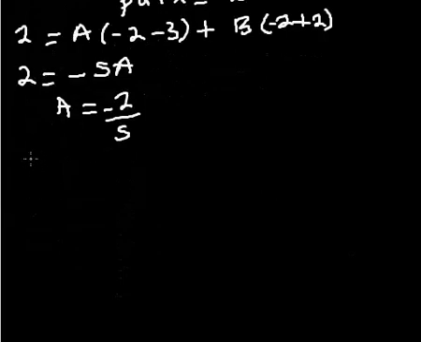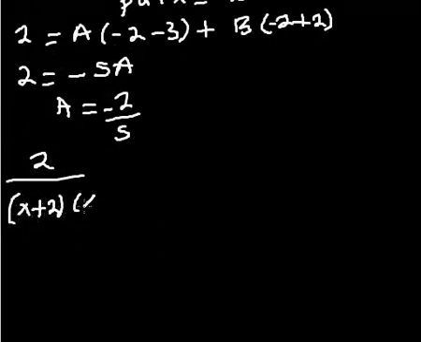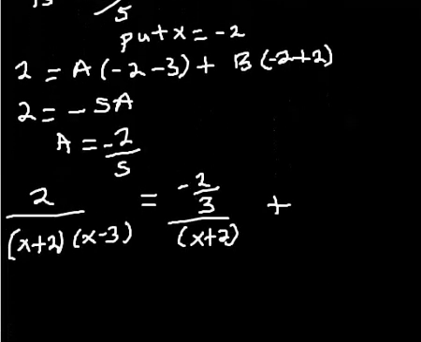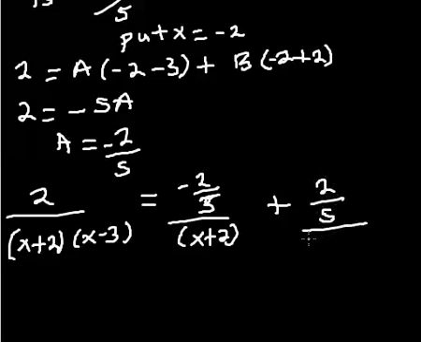So invariably, my answer now becomes the partial fraction: 2 all over (x plus 2)(x minus 3) is equal to a, which is minus 2 all over 5, divided by the denominator x plus 2, then plus b, which is 2 all over 5, divided by x minus 3.